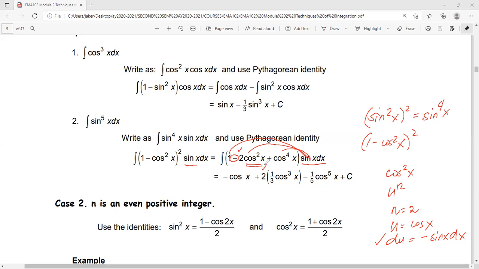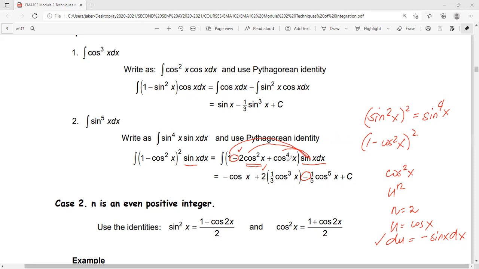Now, what about this one? The cosine to the fourth of x times sine x. The same way as you process this. The only difference of this one from this is the exponent, so you just add 1 to that. Since the derivative of the cosine is a negative sine, this is positive. That is why you see this one as negative, because you're going to introduce a negative sign here and there will be a negative sign in here.